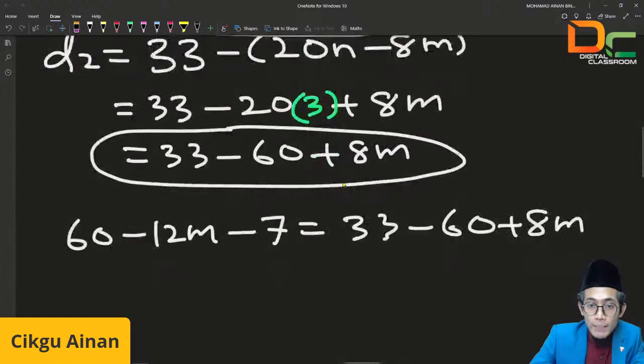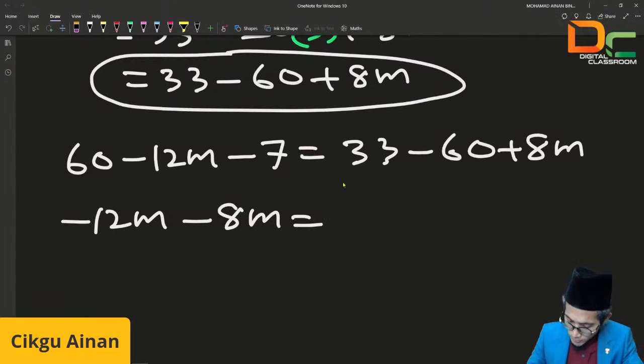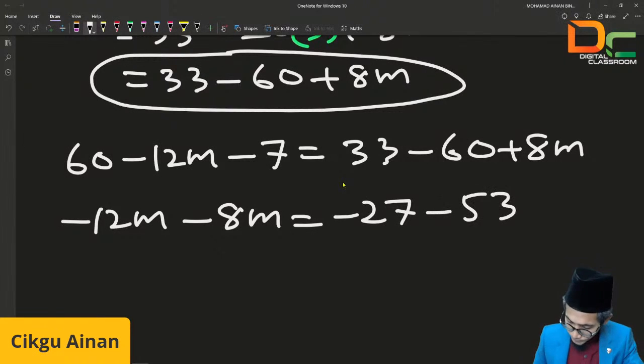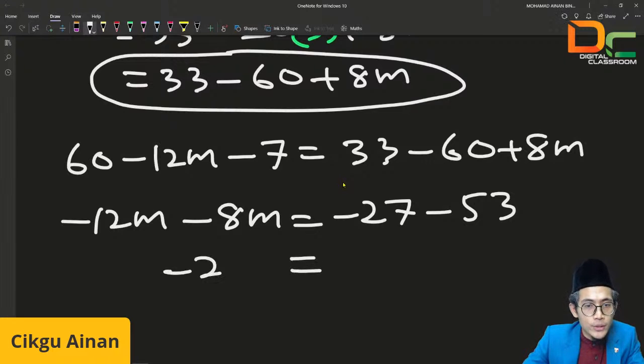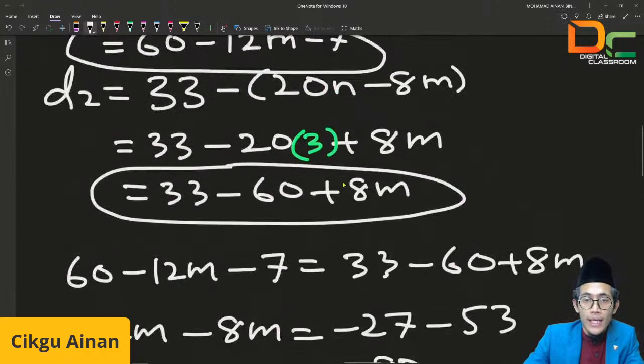Then we group the m's together, so minus 12m minus 8m, and then we group the numbers together. 33 minus 60 minus 60 plus 7 gives minus 27 minus 53, so minus 20m equals minus 80. Okay, so m is 4. So we get already the value of m and n over here.